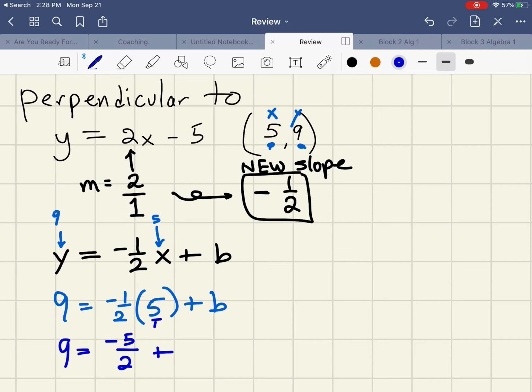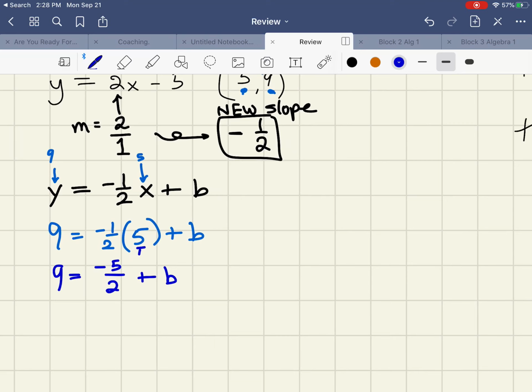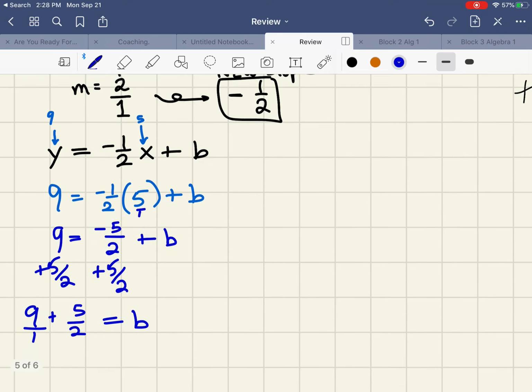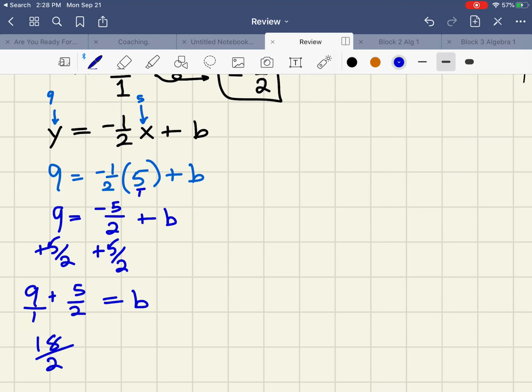Bottom times bottom is 2. 9 equals -5/2 plus b. So I'm going to add 5/2 to both sides. So I have 9 plus 5/2 equals b. And 9 is equal to 18/2 plus 5/2 is 23/2. There's my b.